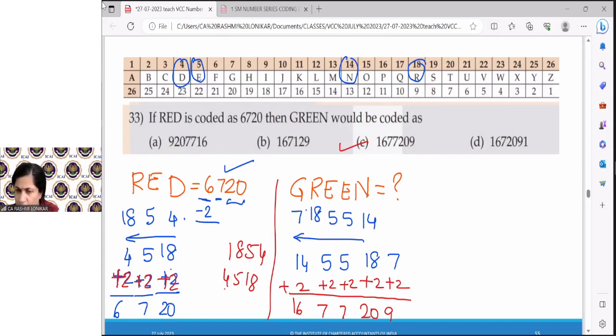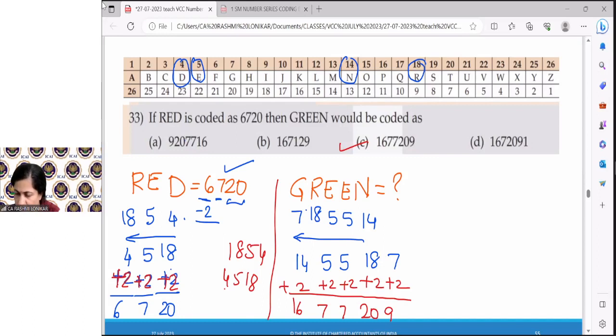Rohit, Leeladhar, Raj Parikshit. Yes, I will take the sum next time. Okay, don't worry, I have noted it.